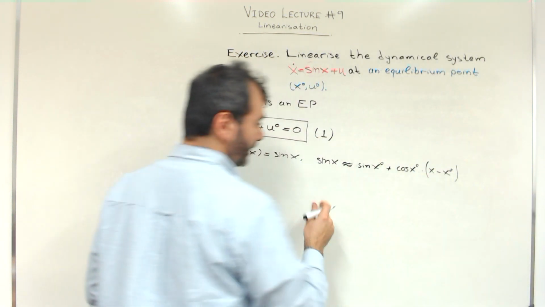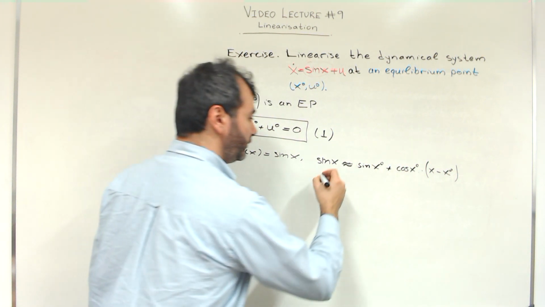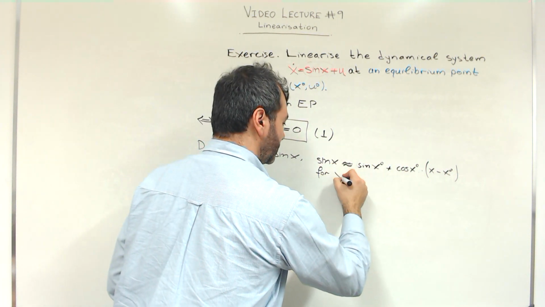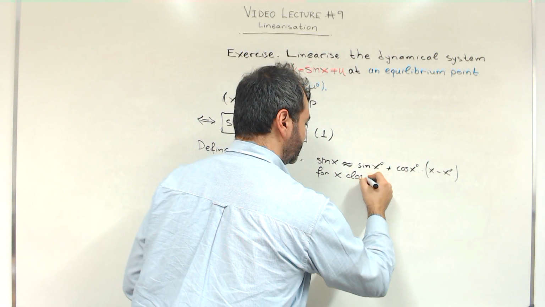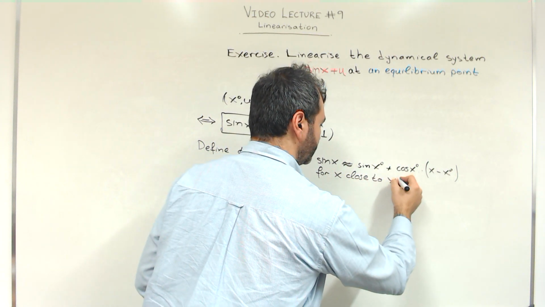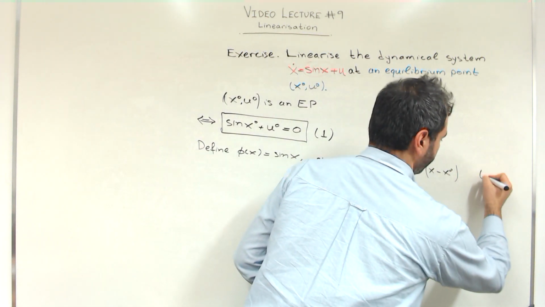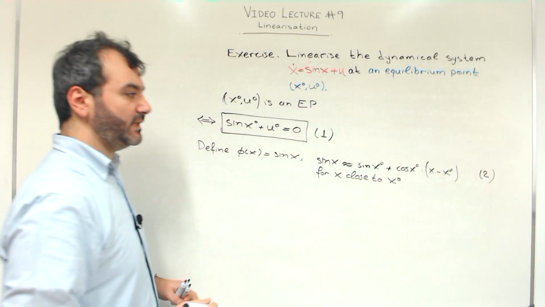Superscript. And this is a valid approximation for x close to x0. And this is equation number 2.